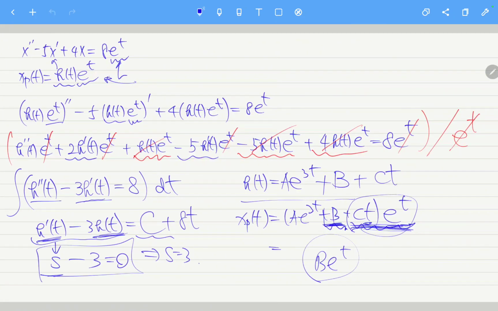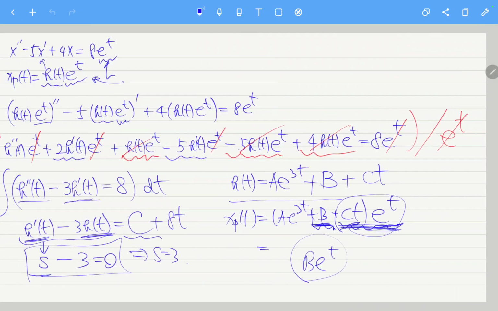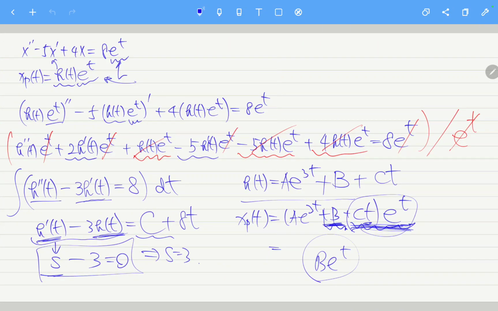And there are some other similar cases. For example, if it is x double prime plus x prime plus 1 equals something.